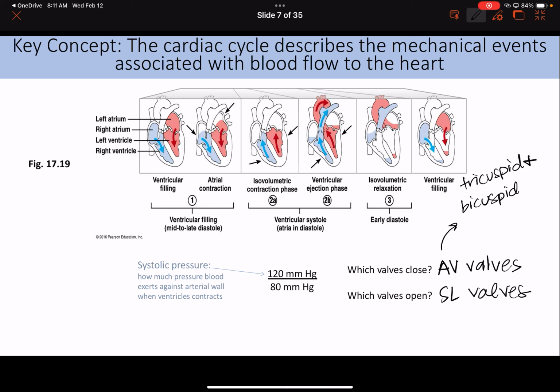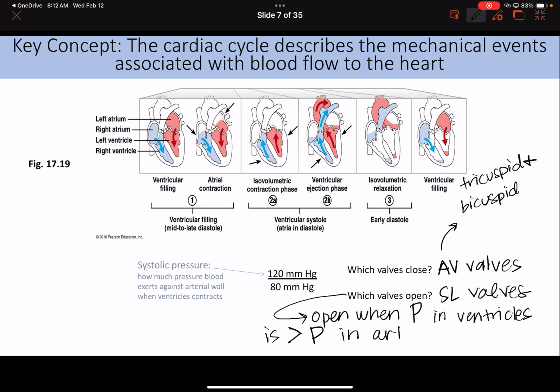And then remember that these semilunar valves open when capital P for pressure, when pressure in the ventricles is greater than pressure in the arteries, whether we're talking about the pulmonary trunk or the aorta.